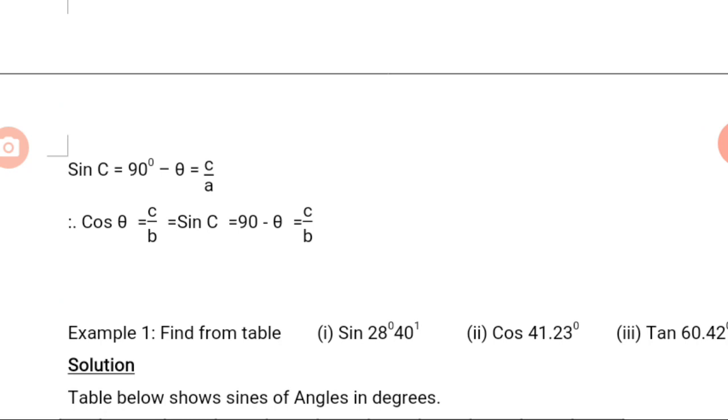Are we together? C all over b, which is equal to sin C, which is equal to sin of 90 degrees minus theta. Is that clear? It means that cos theta is equal to sin C. Are we together?